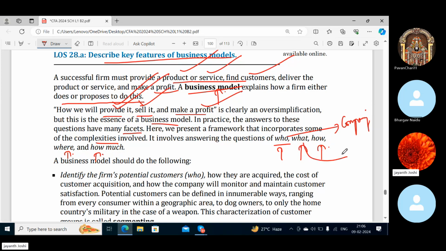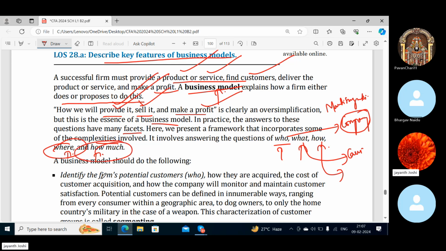What are they making? They can make any product. If I take Maruti Suzuki, that's a company. What do they make? Cars. How do they make? Of course they have their setup in Gurgaon in India, and they use certain machineries, they have automobile engineers, all involved in making that particular product.